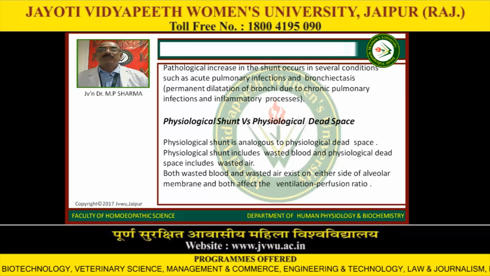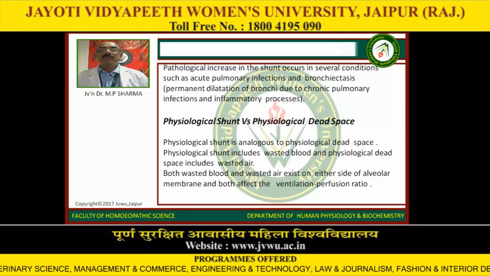Now, pathological increase in the shunt occurs in several conditions such as acute pulmonary infections and bronchiectasis, permanent dilation of the bronchi due to chronic pulmonary infection and inflammatory processes.